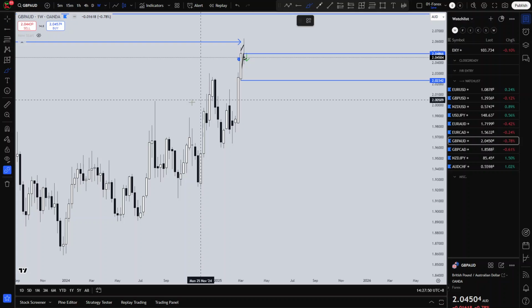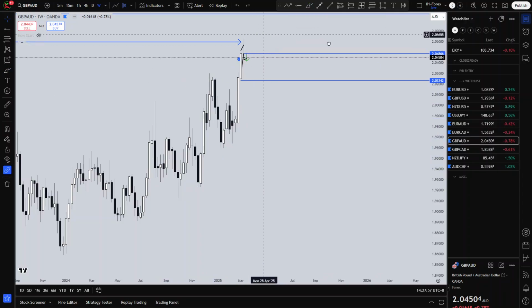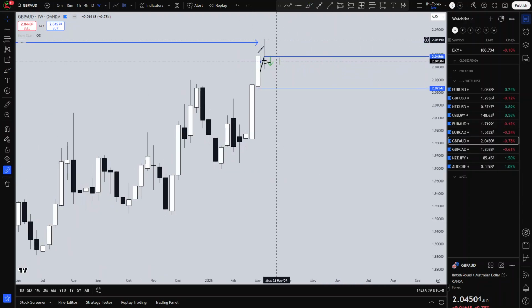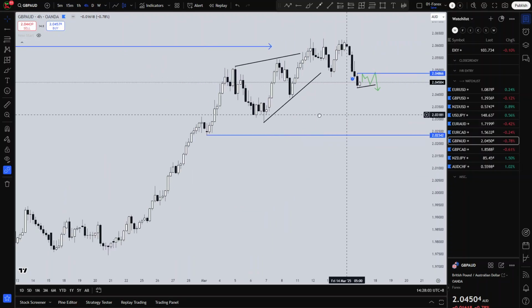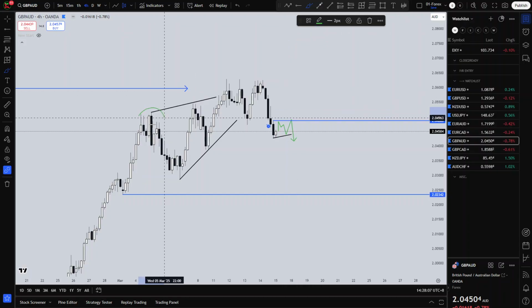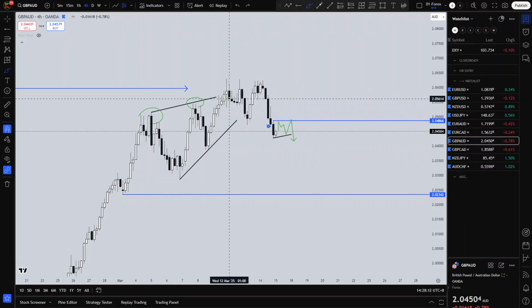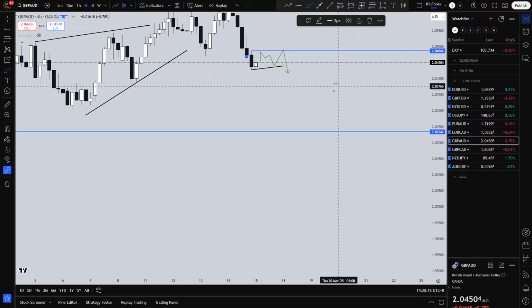We also had this potential 1, 2, 3 ascending channel into the high, and then quite a strong bearish reversal candle here. Going to the 4-hour time frame, we can see price tapped into this area in form of a 1, 2, 3 ascending wedge, then failed.